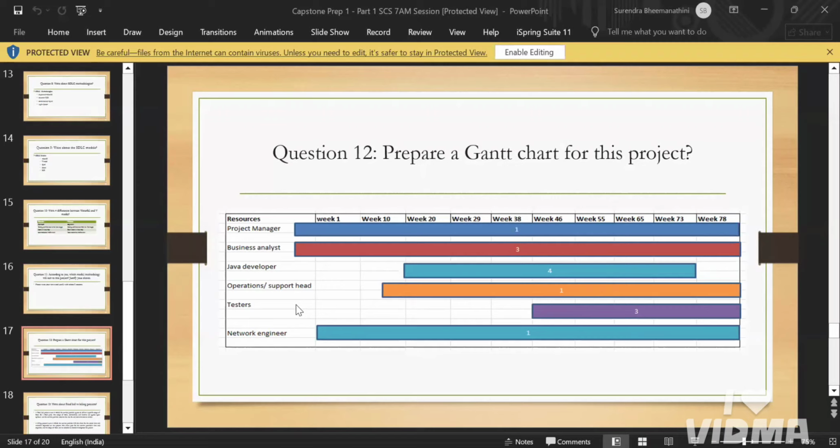So you need to write down based on the resources. Okay. Resources are nothing but developers, testers, support, network engineering, project manager, and business analyst. These are the resources in the organization. So you need to write those. Okay.